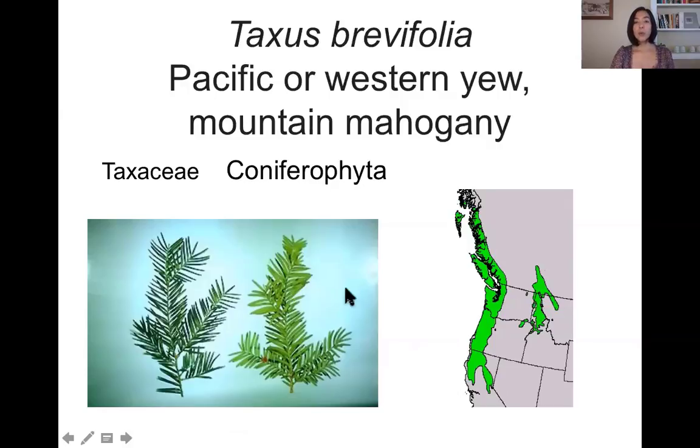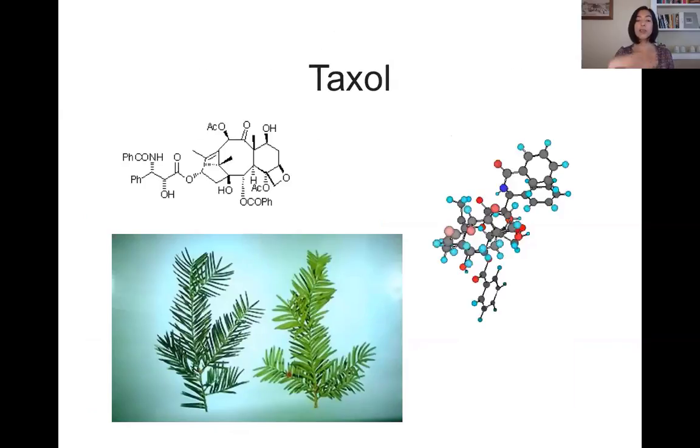This Pacific or Western yew is also very interesting from the medical perspective, because this plant produces a chemical called Taxol. And this Taxol has been shown to have anti-cancer properties. This molecule has been the target of very interesting research in the battle against cancer.